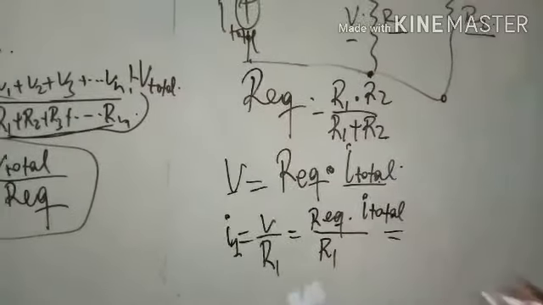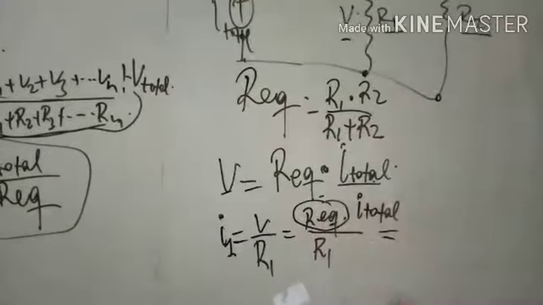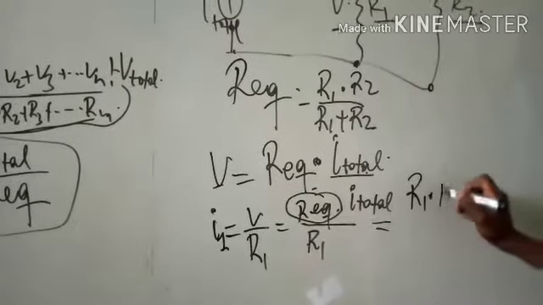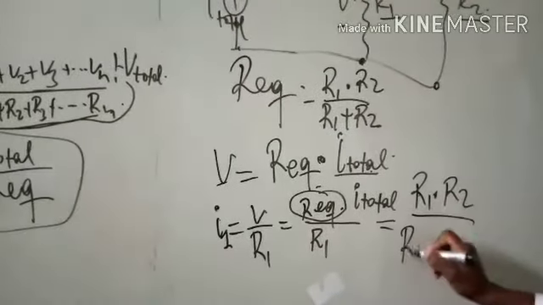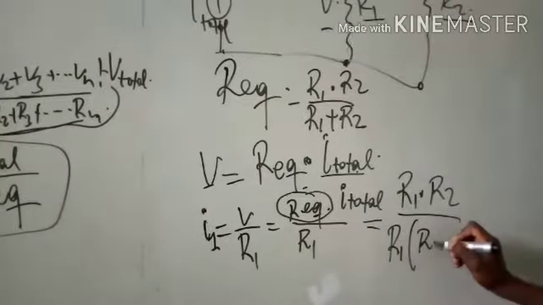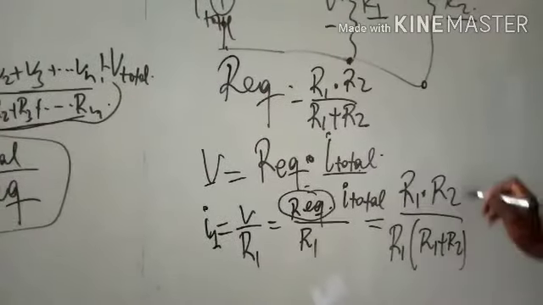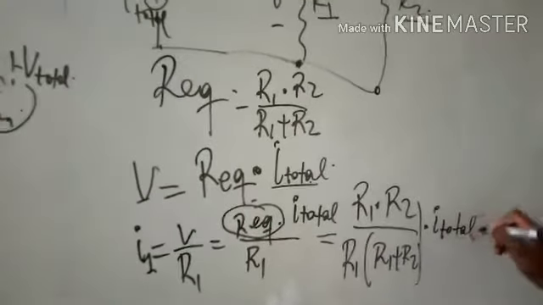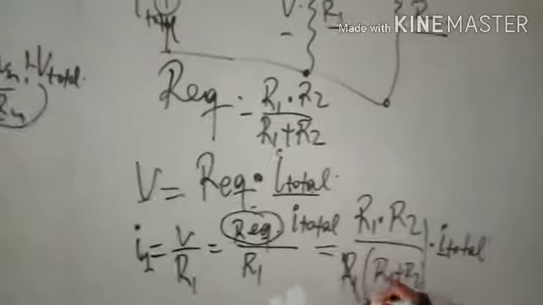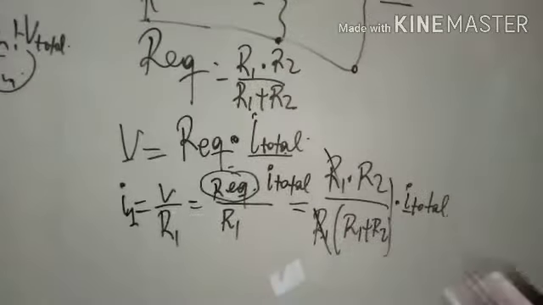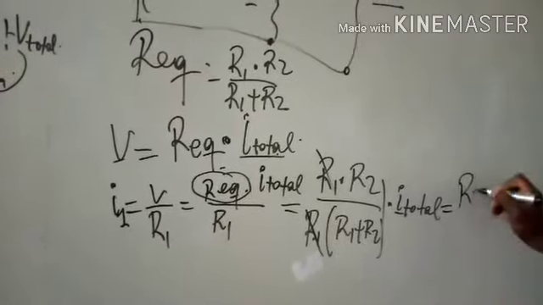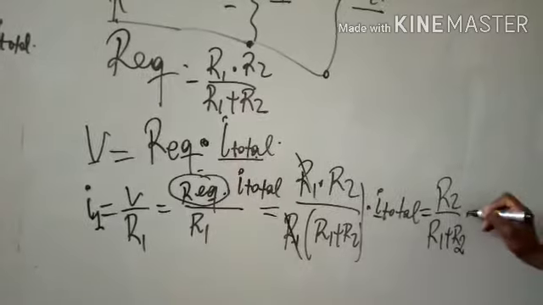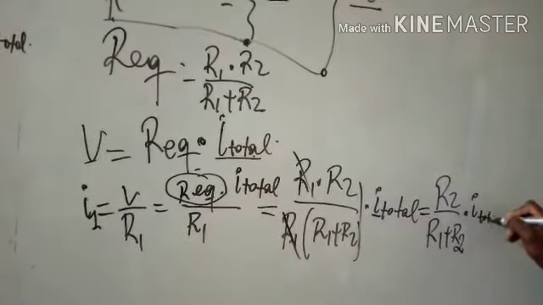Let's replace this R equivalent, which is given here as R1 times R2 over R1 plus R2, times I total. This will simplify by R1, and we get R2 over R1 plus R2 times current total.